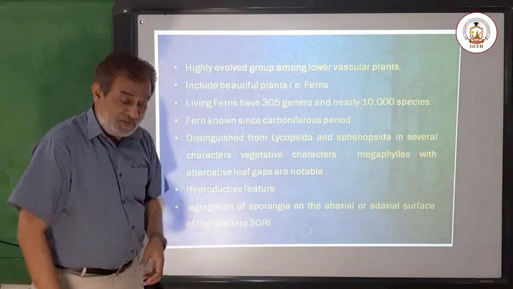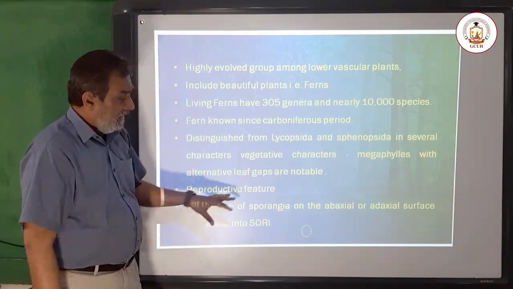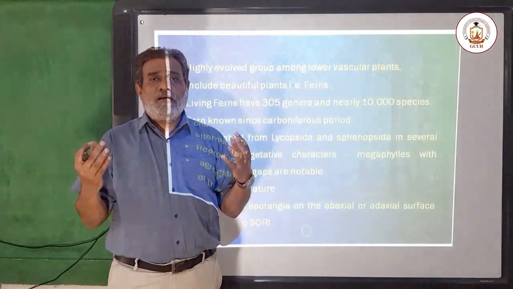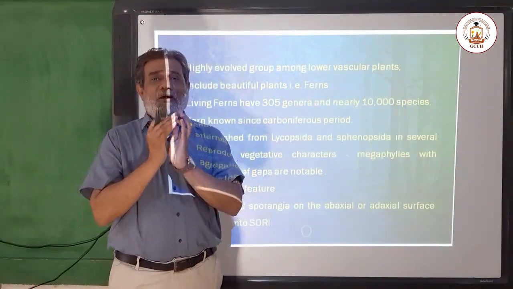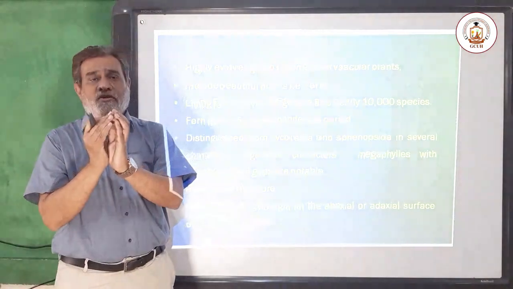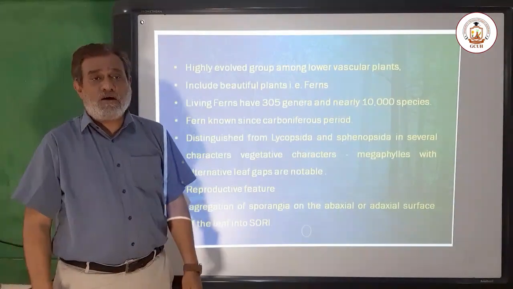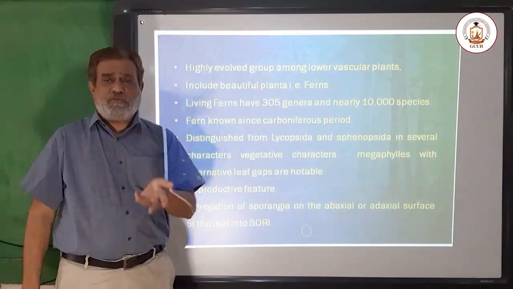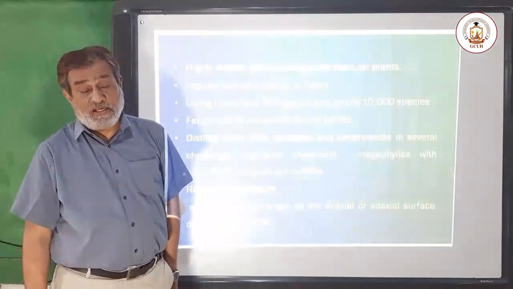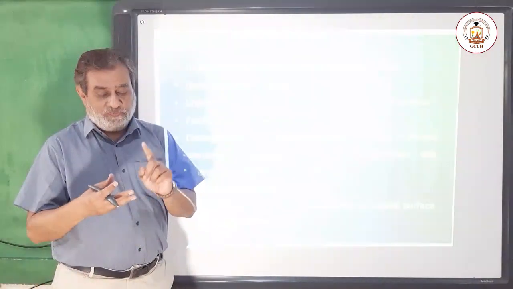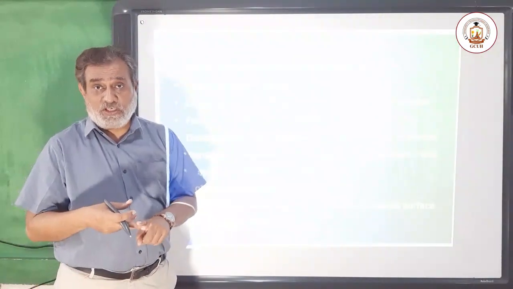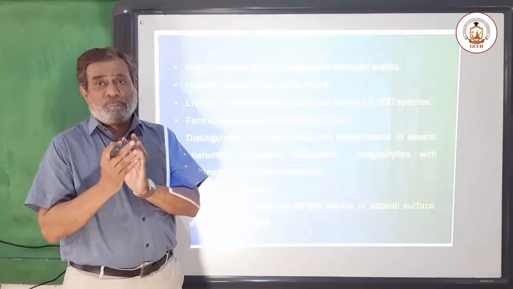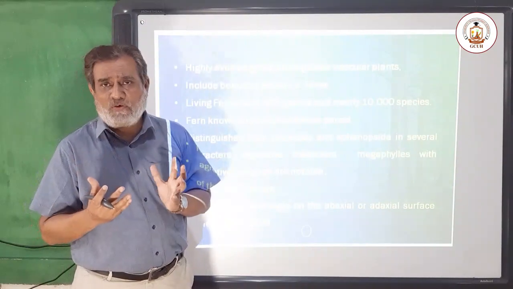If we go to the reproductive features, here the sporangia are aggregated in a specialized type of structure, and these structures are present on the foliage leaves. Last time we studied the Lycopsida, Psilopsida and Sphenopsida, where a number of leaves form a strobilus, but here strobili are not formed.